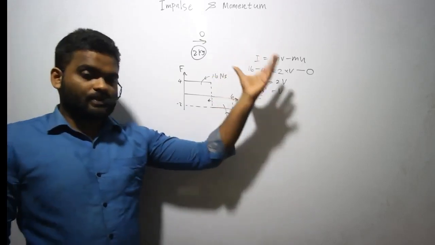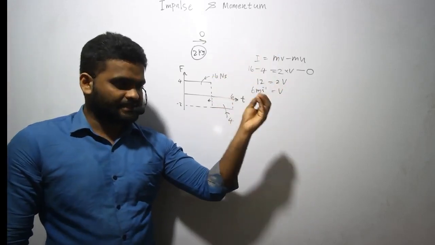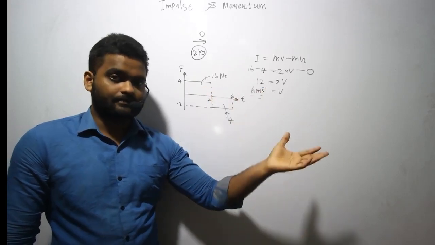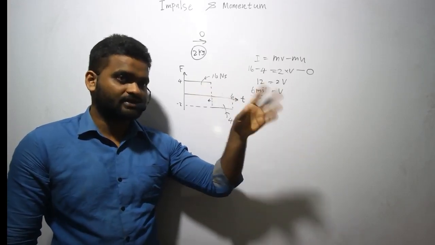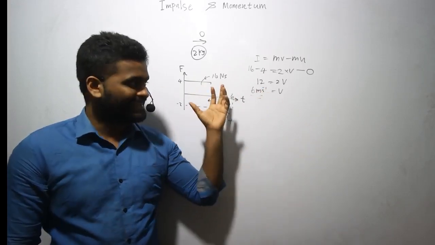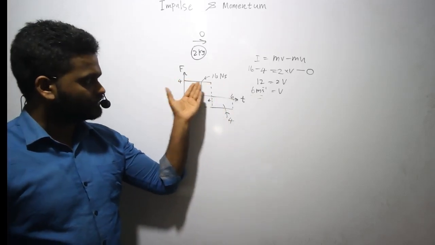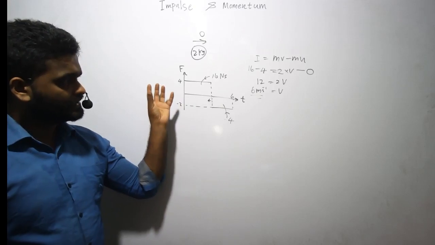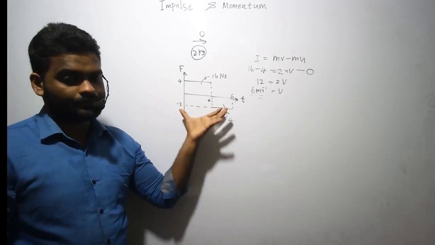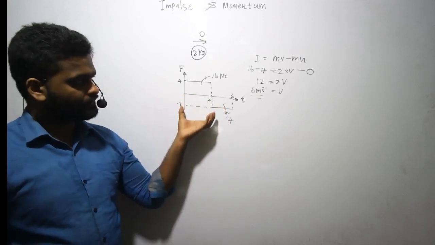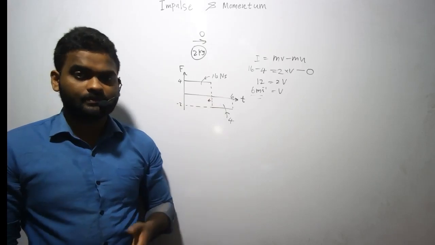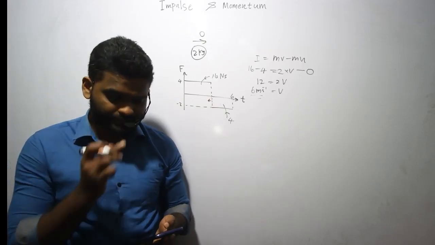For the previous questions, you just get the impulse by multiplying F by t, but that is only when the force is constant. But here the force is variable. It is constant only for one period, right? So in that case, they give you the graph. Then you have to find the impulse using the graph. The area of the graph is the impulse, right?